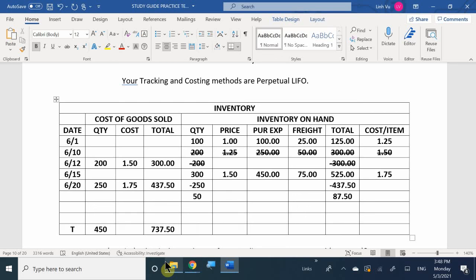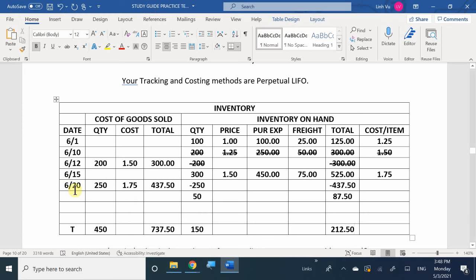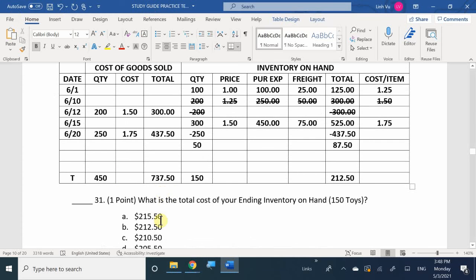How much should I have left remaining if I have my batch of 100, which never was touched, and a remaining of 50? 150. And what's my total here? $212.50. Now you could go ahead and compare and contrast. Does that equal the 950?